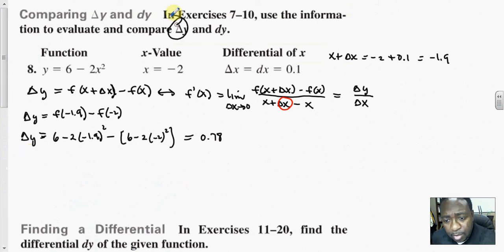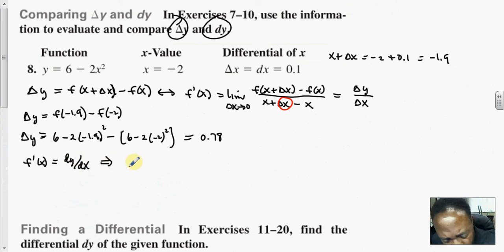Now, so what is dy? We want to compare delta y with dy. Well, we understand that f prime of x is set to be dy over dx. So this implies then that dy is f prime of x times dx. So let's see, this is y, so f prime of x is negative 4x.